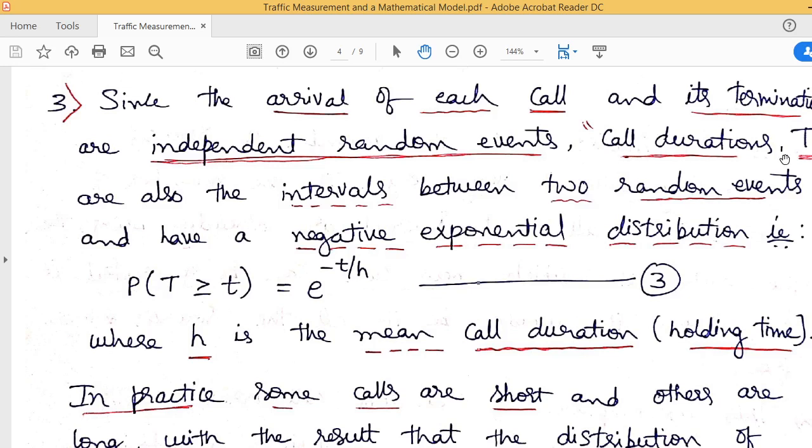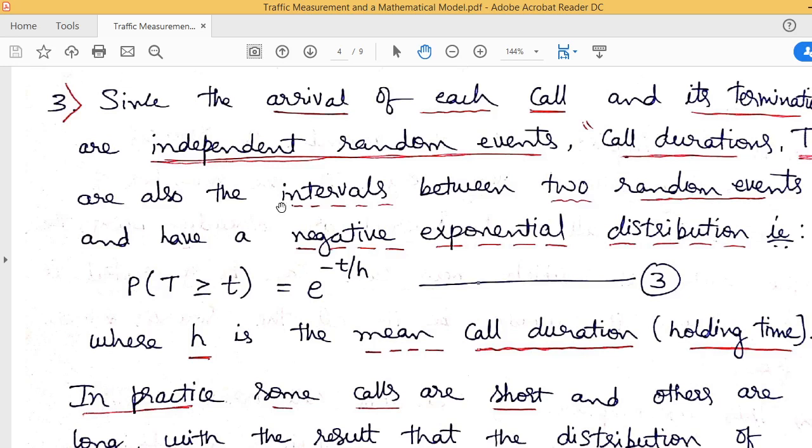Previously we were dealing with the duration between two calls, but now inside a single call, the duration between call arrival and call termination is called the call duration, or sometimes holding time. Call duration is capital T.